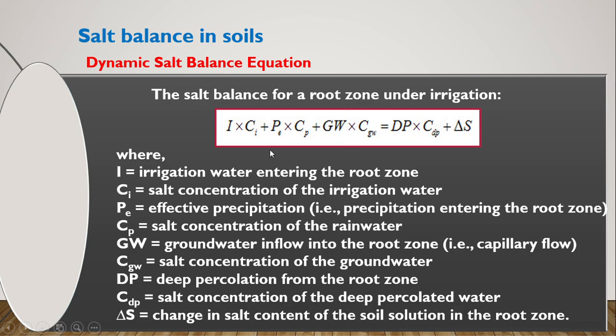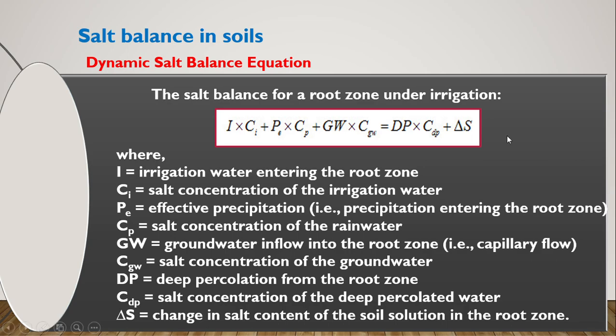So the input to the plant root zone is irrigation, effective precipitation and groundwater rise. So these are the input into the plant root zone, and the output from the plant root zone is depercolation. Depercolation means water is moving down from the root zone.